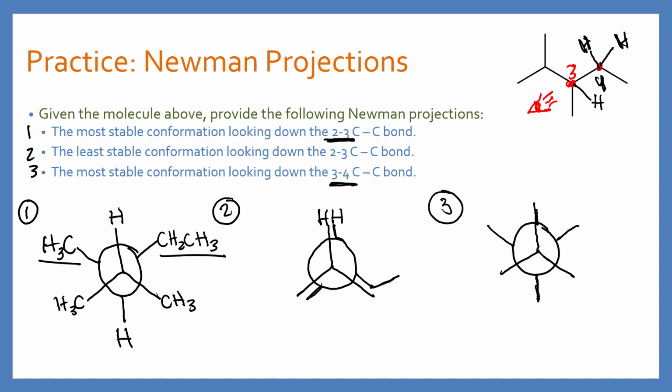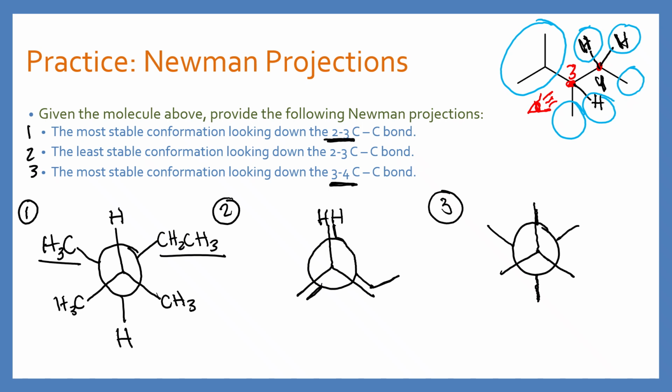So let's highlight our 3 things that are attached to each carbon. So carbon number 3 has this large isopropyl group. It also has this methyl group and a hydrogen. Carbon number 4 has 2 hydrogens and a methyl. So these are the things that we need to somehow fit onto these sticks. So let's start with carbon number 3.